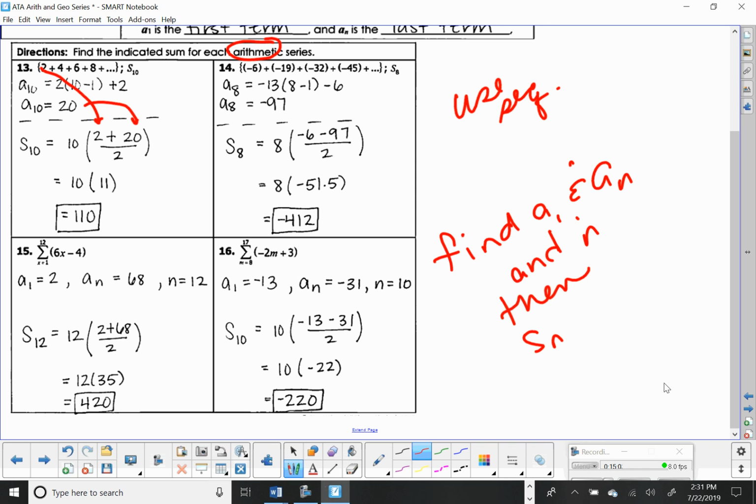A sub n is negative 31. How did I get n? Well, I found a sub 2. Okay, in this case, I found a1, a2. Then I did a2 minus a1 is equal to d, and then I found a sub 10, then plugged everything in. And again, you can also do it simply by the calculator and summation notation.